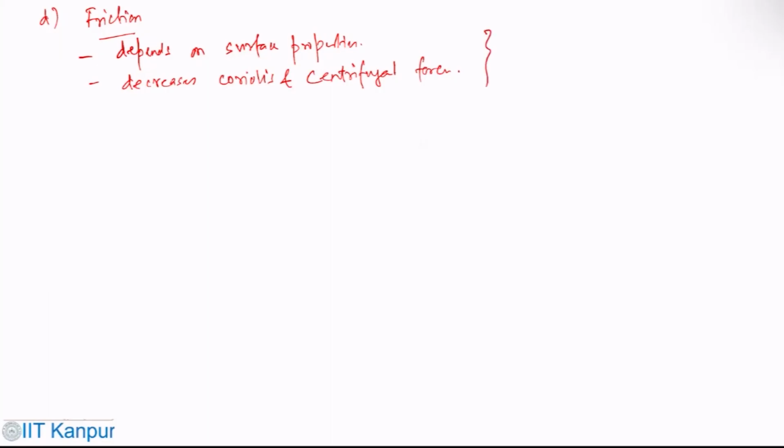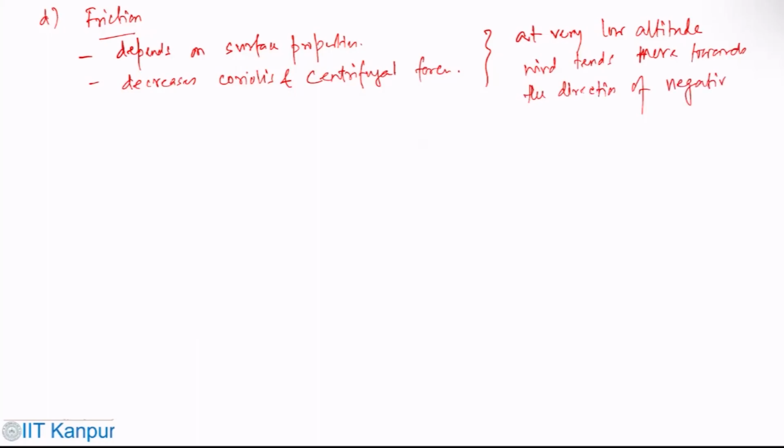So that's why at very low altitude, wind tends more towards the direction of negative pressure gradient.